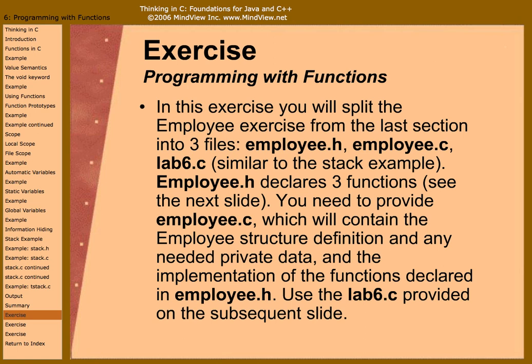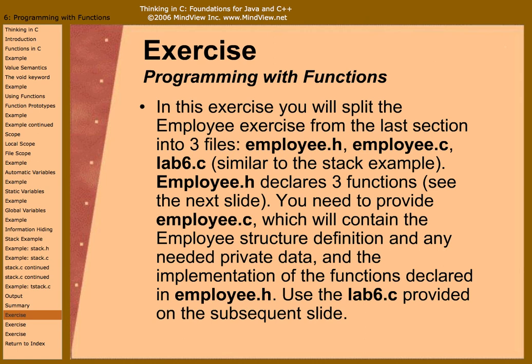Now, I'm giving you, as you'll see on the next 2 slides, employee.h and lab6.c, so you don't have to sit down and figure out what should I name my functions and how am I going to do this? All I really want you to do is to provide the function bodies for the functions in employee.c. So take a look at the next slide. You'll see employee.h, and I'd like you to do employee.c and implement those functions.